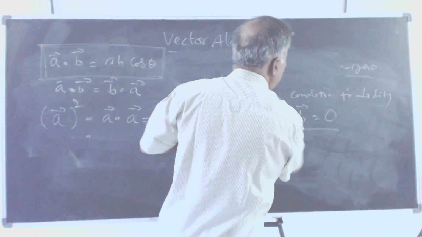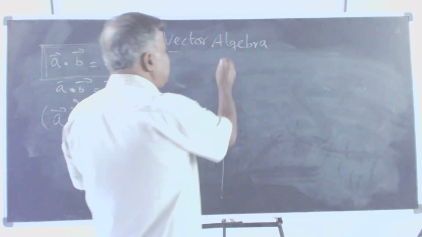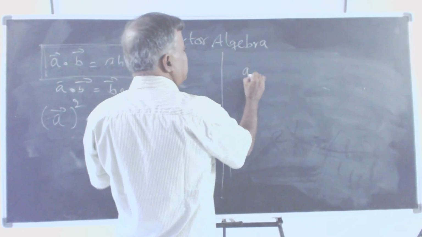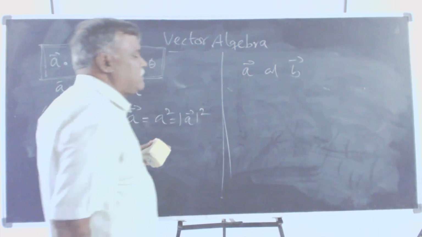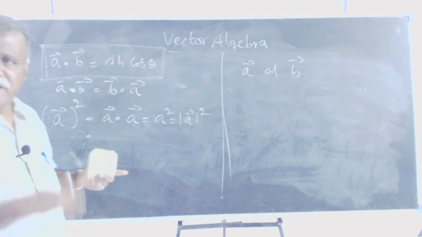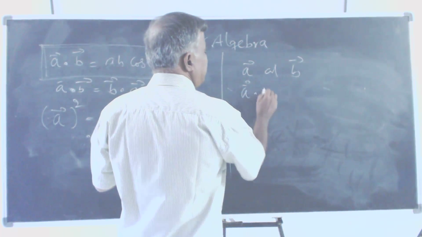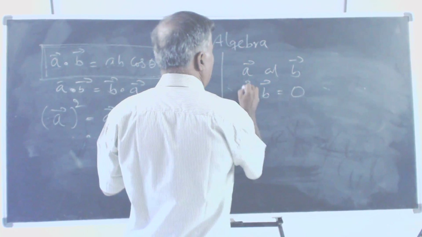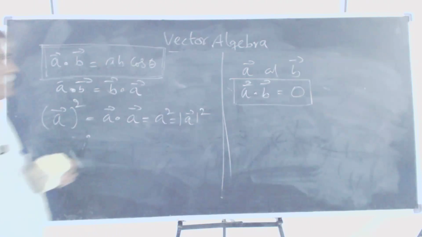Next is simply for any vector A and B. Let it be any vector. A vector and B vector both are any vector, maybe 0 or non-zero, any vector. What will you say about this A dot B equal to 0? If you have A dot B equal to 0, what are the possibilities?